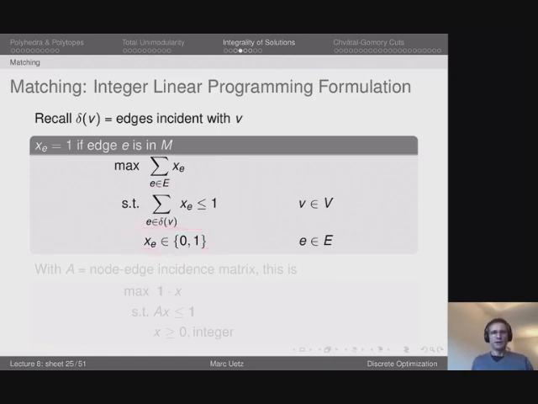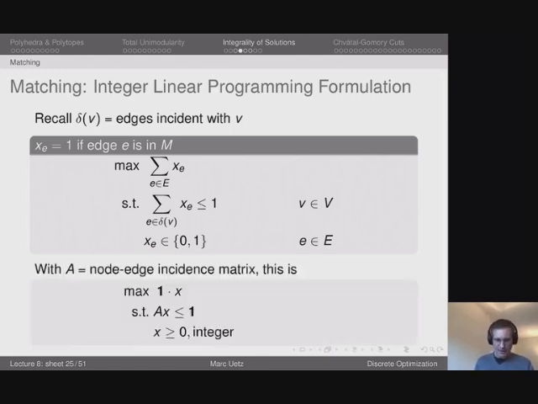So that's an integer linear programming formulation of the matching problem. And if I write down the same problem as an LP using the node edge incidence matrix A, I would maximize 1 times x, because all the edges have equal value, 1. The constraint is that A times x should be at most 1, so there's a vector of 1s on the right-hand side.